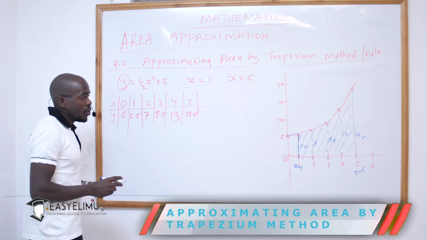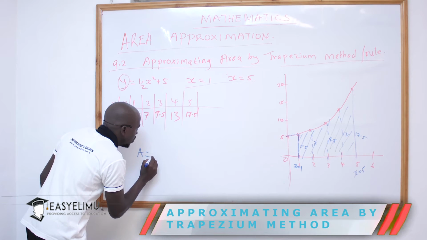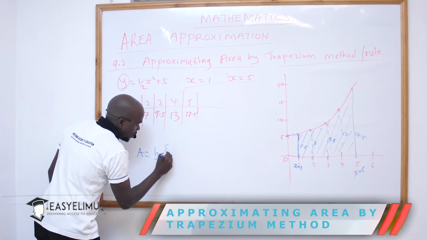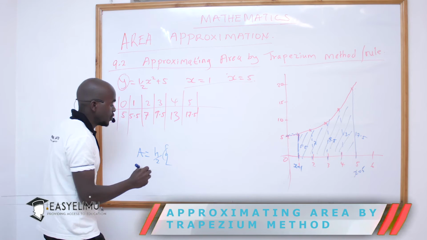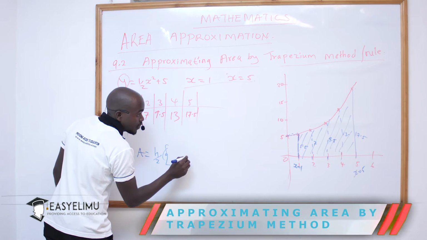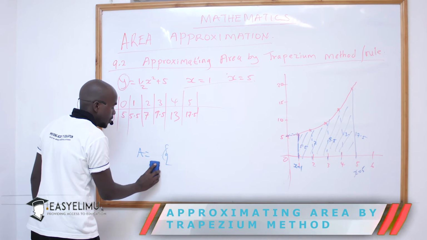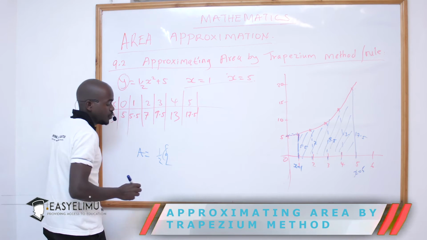So we can find the area of the trapezium by saying that it will be h over 2 into, first, those which do not repeat, which are y1 and the last y. Our h, we said, will be 1. So 1 over 2 remains 1 over 2.